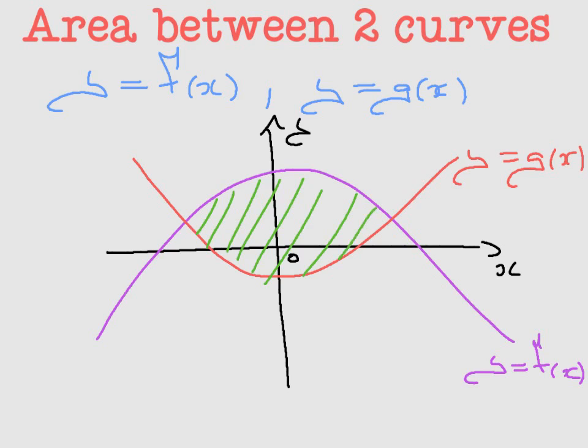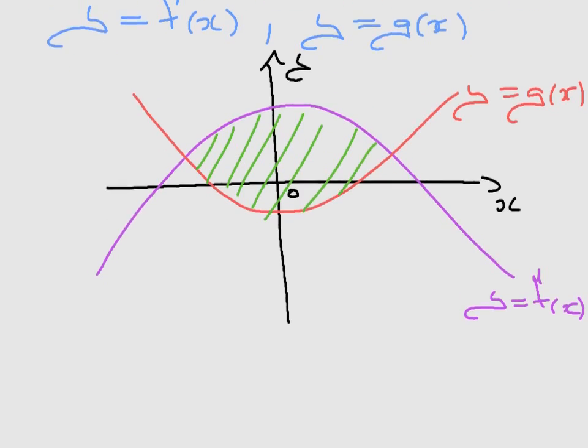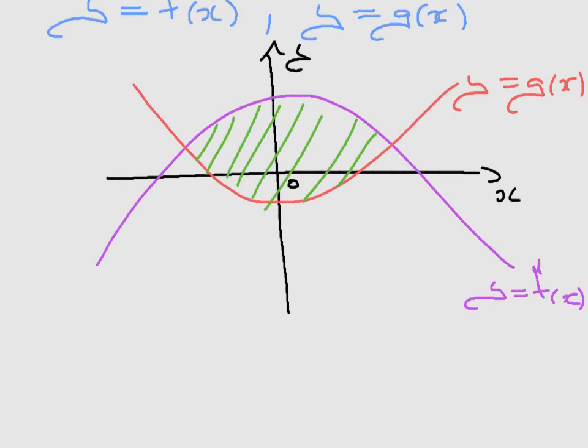Well, the first thing we need to focus on when doing this type of question is the points of intersection of the two curves, which I'm currently highlighting right now. And in particular, what we'll be interested in is the x-coordinates of these 2 points. I'll call those x-coordinates a and b.